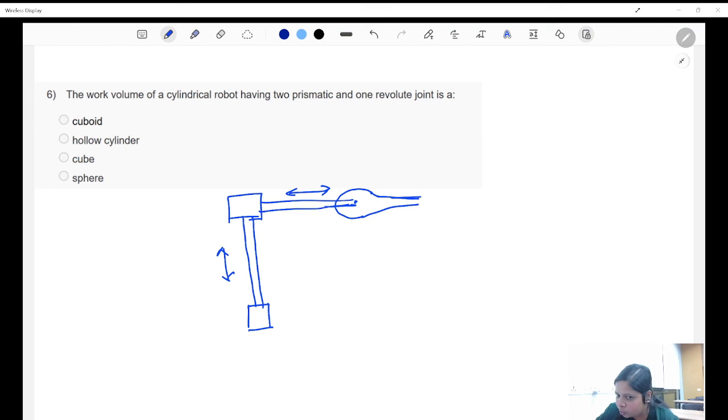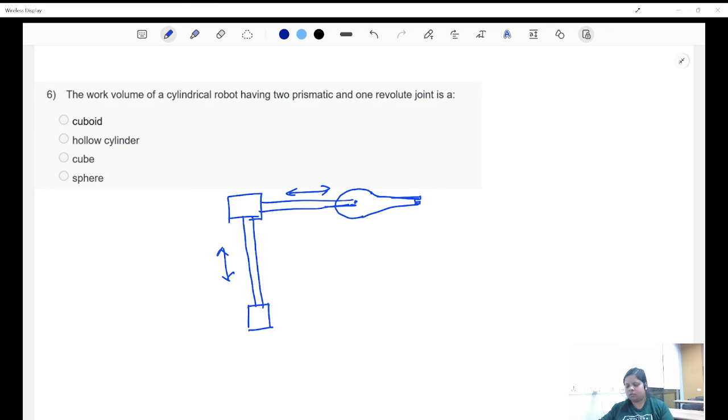That's the right option, but can you give me some clarification? The combination of movements results in a workspace that resembles a hollow cylinder, where the robot can reach a point within the cylinder volume while also rotating around its center axis.